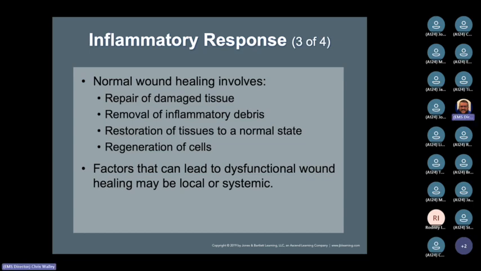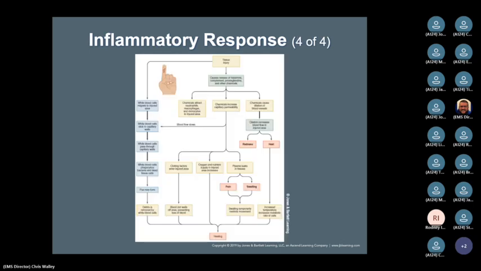Chronic inflammatory response is usually caused by unsuccessful acute inflammatory responses and is associated with an infiltrate containing monocytes and lymphocytes, and usually involves some tissue destruction and repair. All right, that shows the inflammatory response from the time that you get a cut on the finger.